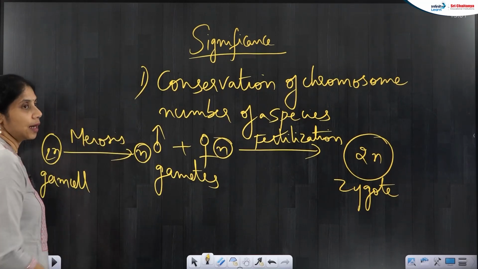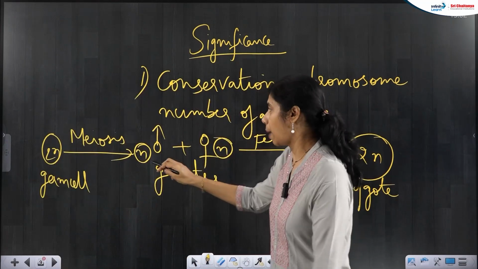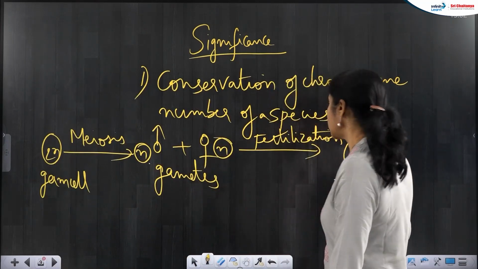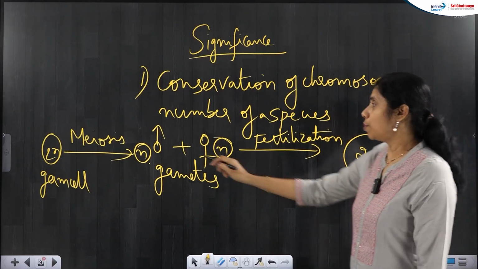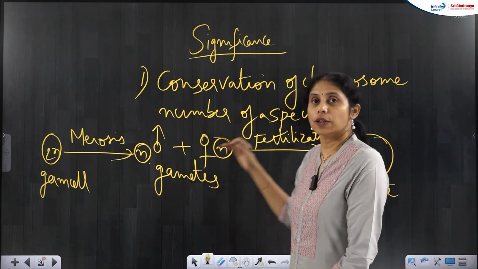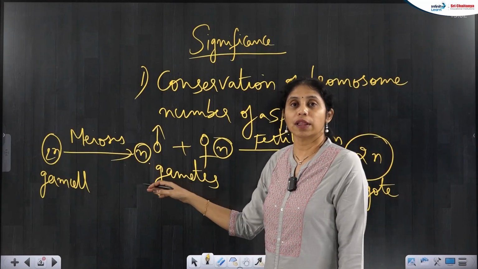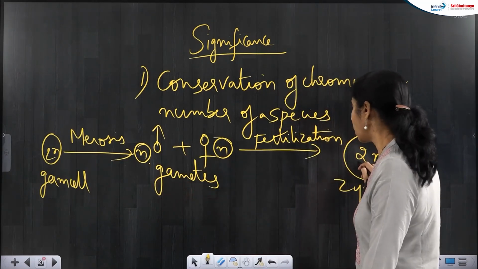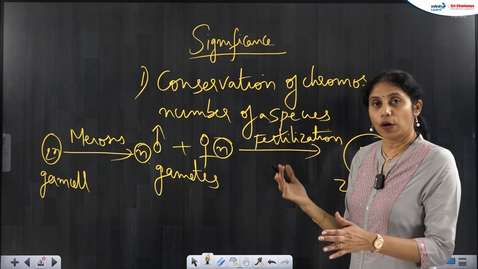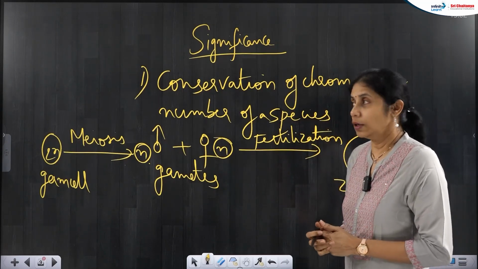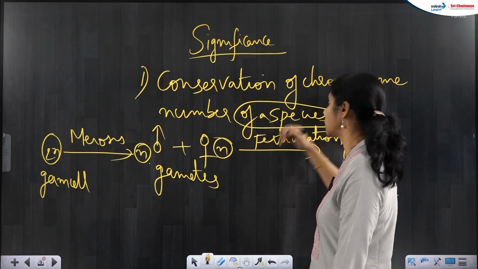So here we can say that by meiosis a diploid cell is being converted into haploid cells. By fertilization 2 haploid cells fuse to form the diploid cell. So meiosis is exactly opposite to fertilization. If the chromosome number is not reduced by meiosis, the product formed by the end of fertilization would be polyploid. So meiosis is going to conserve a constant chromosome number in a species.